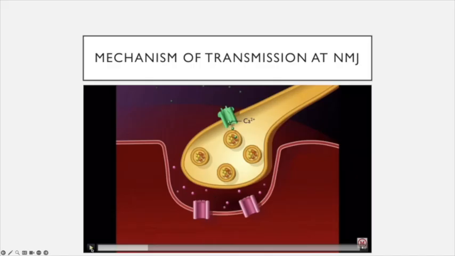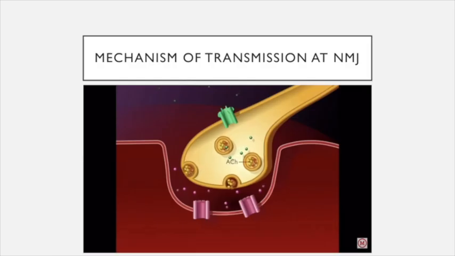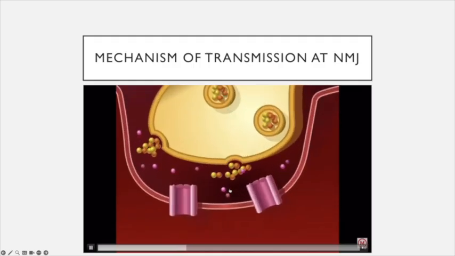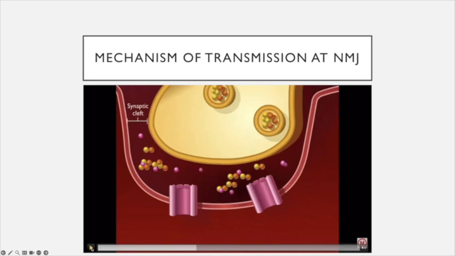You're going to see that happening now. So we have our calcium, and then we get our acetylcholine vesicles fusing, and then we get release of acetylcholine into the synaptic cleft.